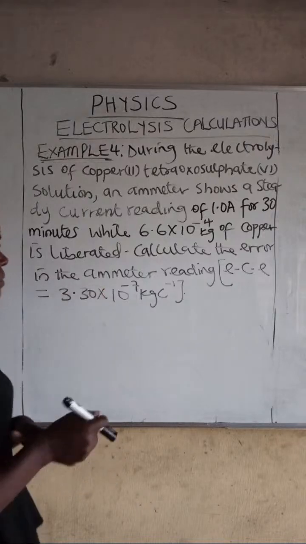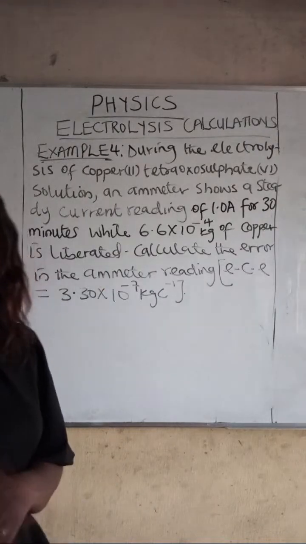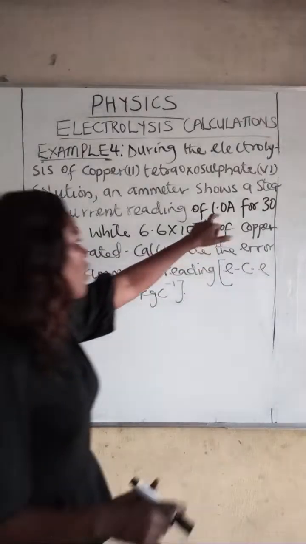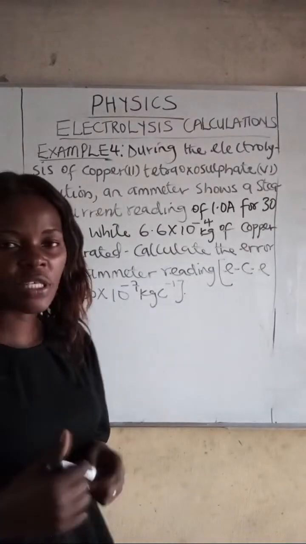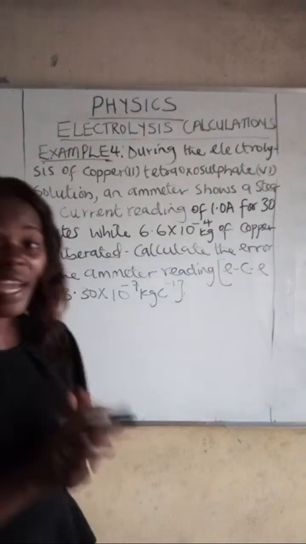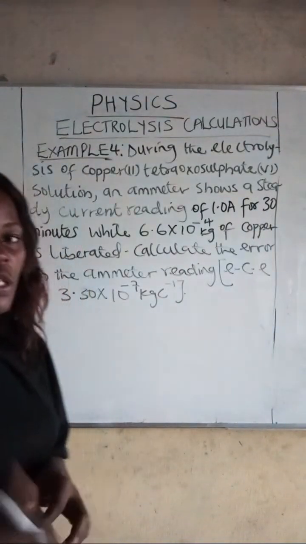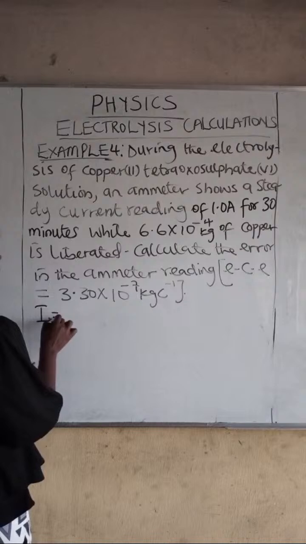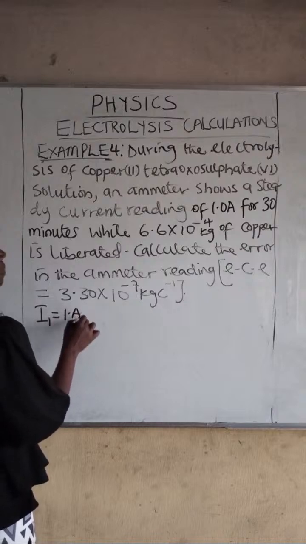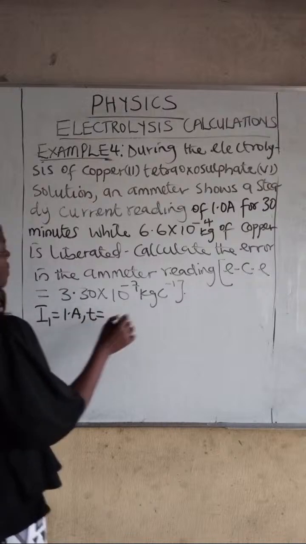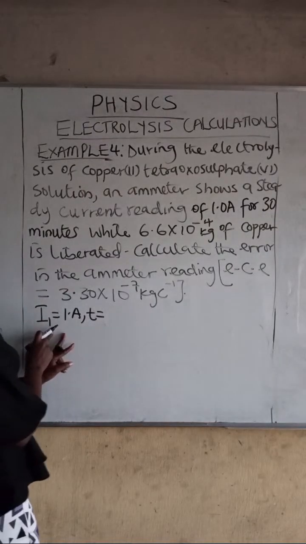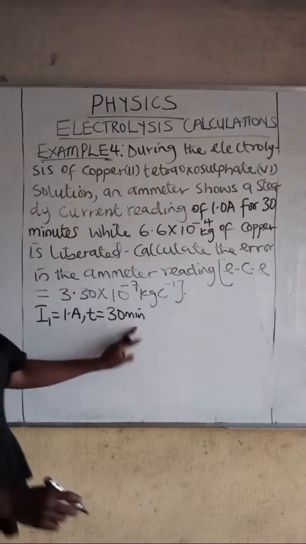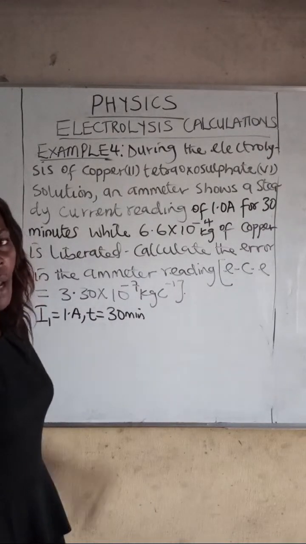The question says we should calculate the error in the ammeter reading. That means we already have our current. Let's get our new current to be able to find the error. So the first thing is for us to state our parameters. The current is 1 ampere, the first current. The time is 30 minutes. We are going to convert this time to seconds by multiplying by 60.